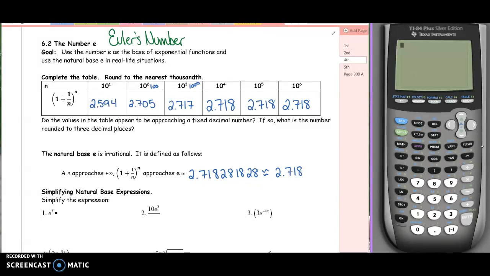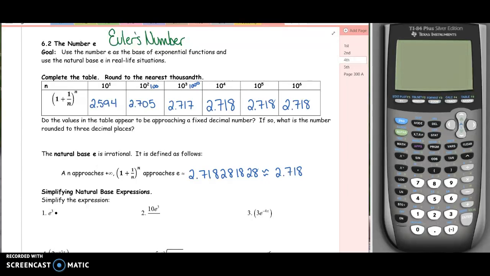E is Euler's number. Now, because E is a number, just like pi is a number, you can use this number E kind of like an x. So we are going to start by simplifying natural base expressions.